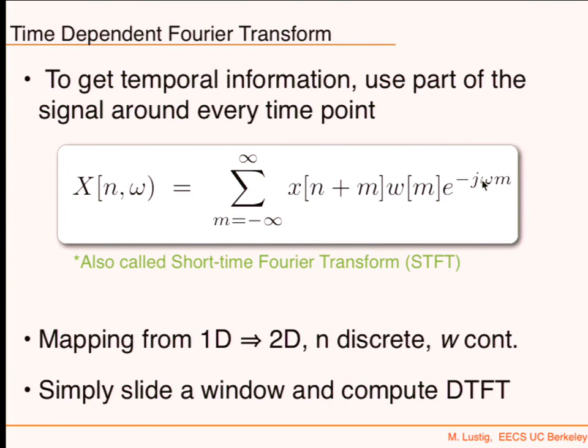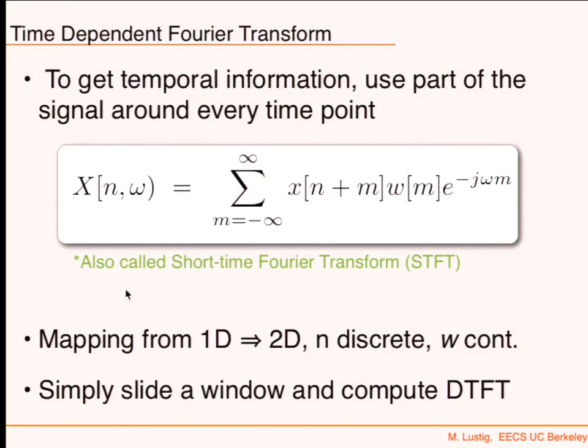You take a one-dimensional space and embed it in a two-dimensional space, which maps x of n into capital X of n and omega. So that's a two-dimensional space.